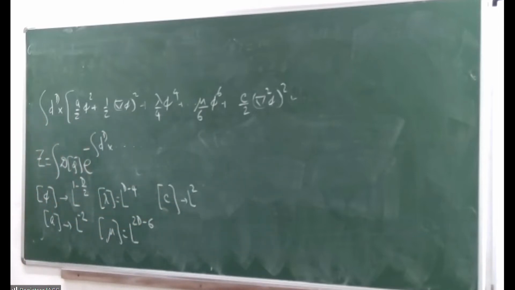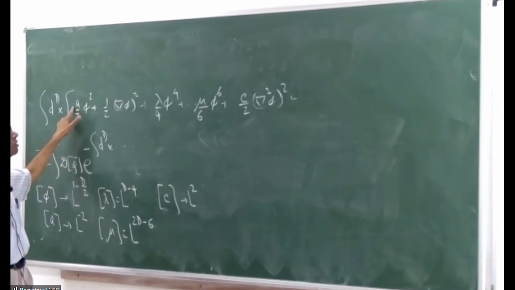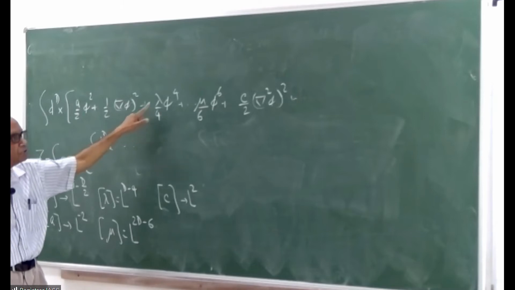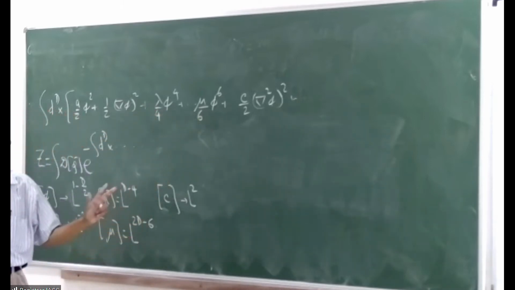So if I'm sitting at D equal to 3 and looking at this model over here, the terms that naively I would keep are this, this, and this. Because this coupling constant is big, this is also non-negligible. This one is just marginal, this one is safe.